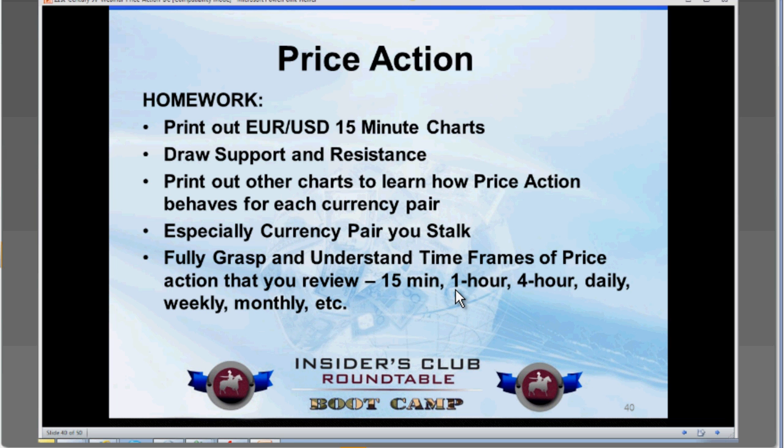Come on. Once you fully grasp and understand these time frames of price action, you can then review and go from a 15-minute to a 1-hour, 4-hour, daily, weekly, or monthly, depending on what trading style you utilize. And the light bulb that we showed you at the first of this presentation will kick on. You will continue to have light bulb moments.